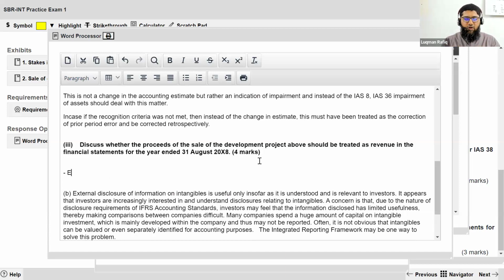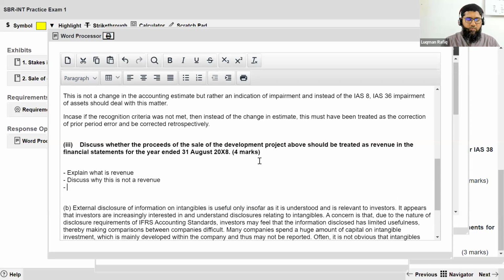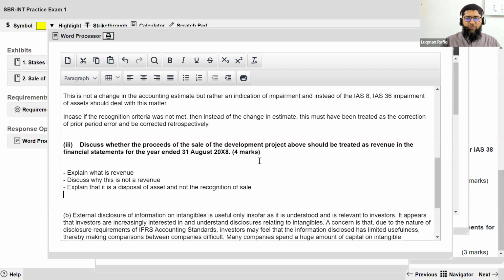So you need to explain what is revenue, discuss why this is not a revenue, and explain that it is a disposal of asset and not the recognition of sale. This is the disposal of asset and not the recognition of sale.